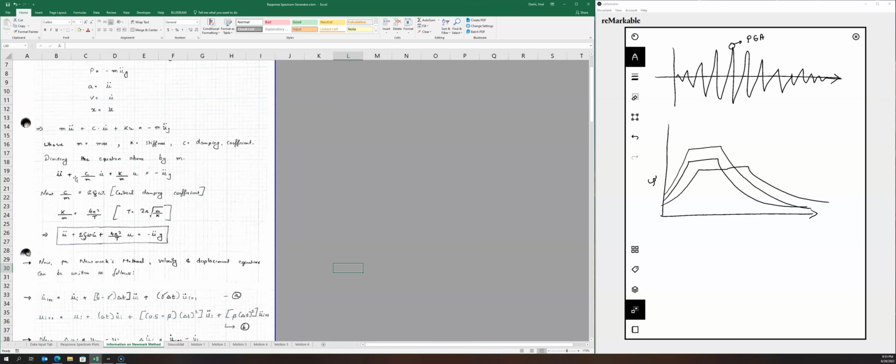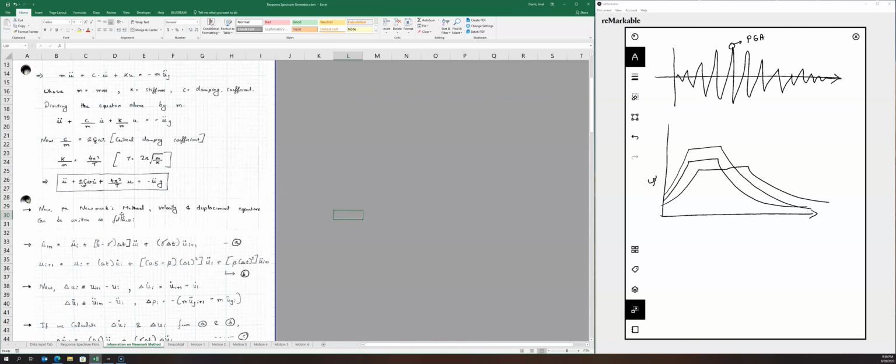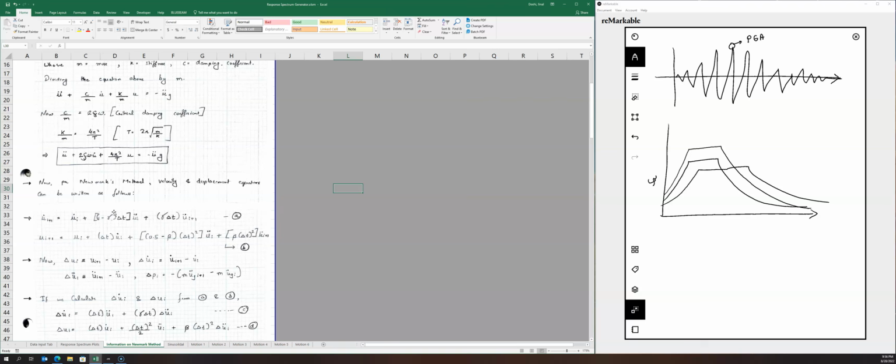And C over M, we are going to convert into a critical damping coefficient, which is represented as 2 zeta times omega. From there on, all I'm doing is breaking down this equation into small pieces.